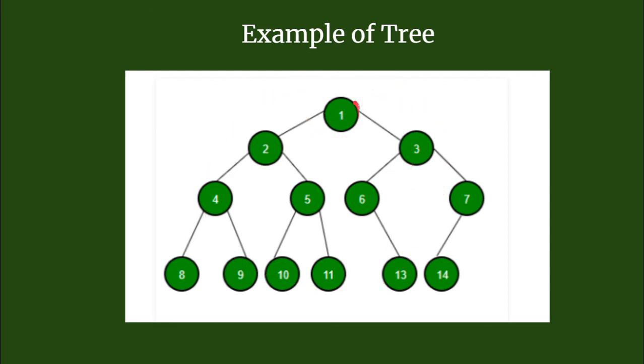Here the node 1 is the root of the tree and this is one branch of the tree. And then this is another branch, and we have so many subtrees. But there will be one designated node called the root. This is a hierarchical data structure or a non-linear data structure.